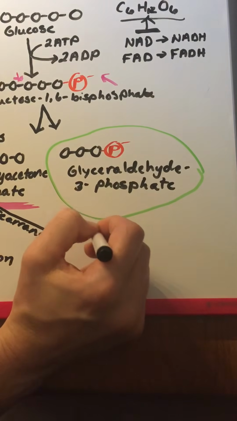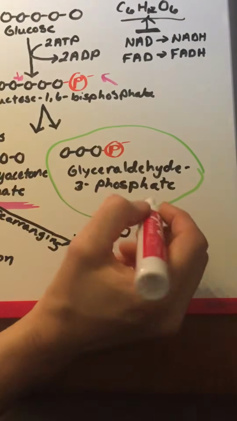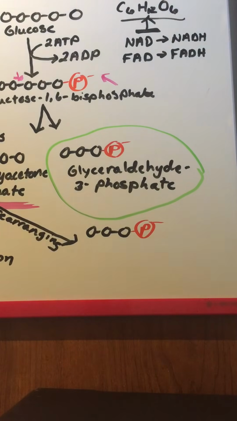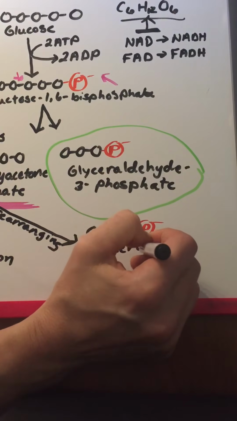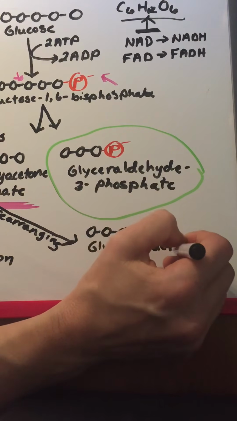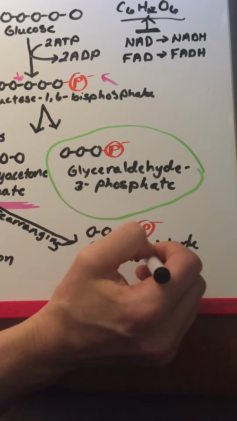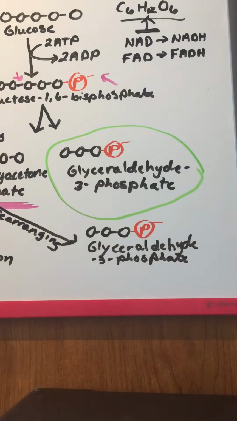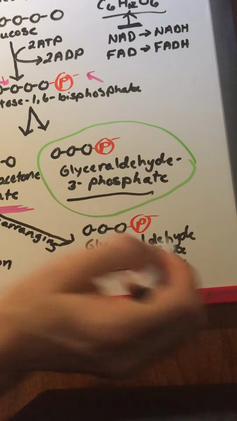It's going to turn it into a second molecule of glyceraldehyde 3-phosphate. So at the end of this step, before we enter into the energy capture phase of glycolysis, we're looking at now having 2 molecules of glyceraldehyde 3-phosphate.